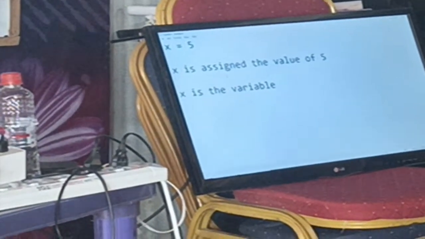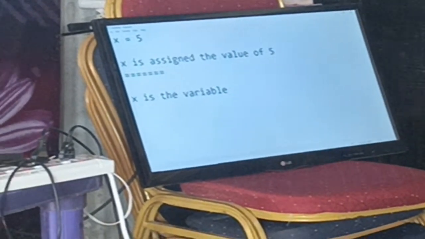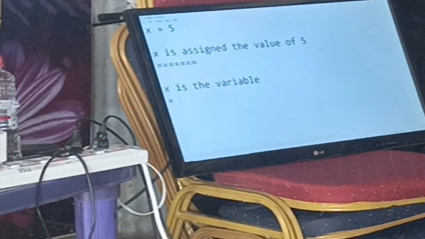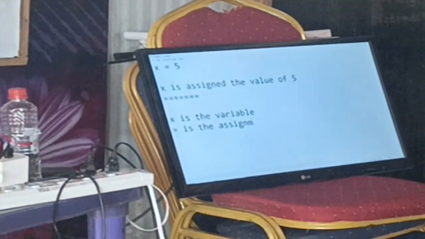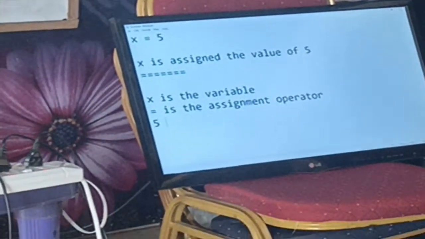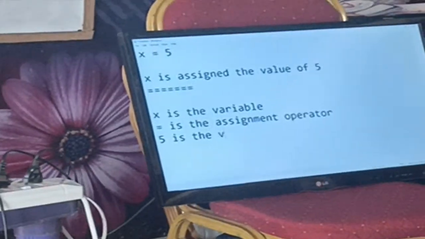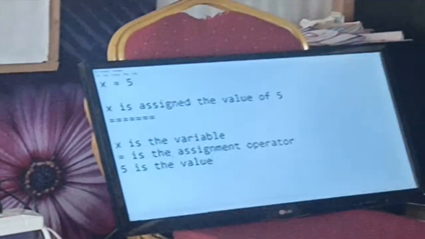Okay, x is a variable. Equal sign, this one, the assignment operator, that's what you call it. Okay, and then 5 is a value, right? So you have these 3 things.